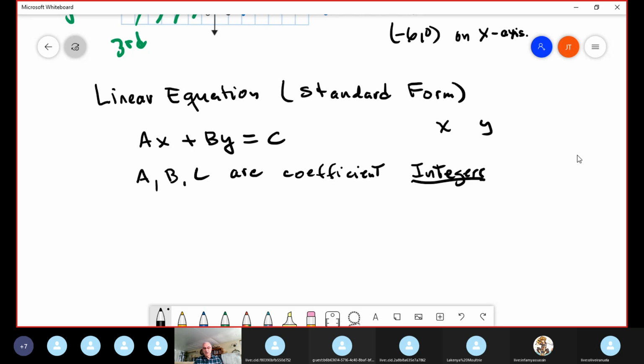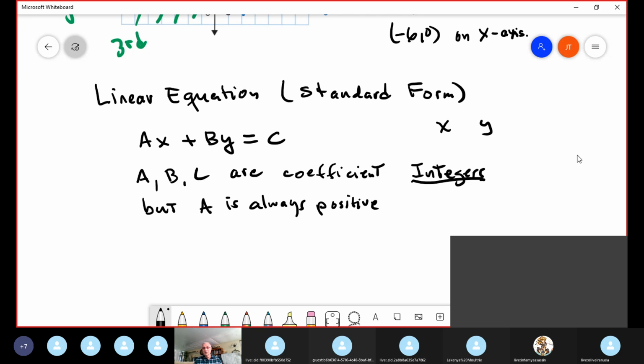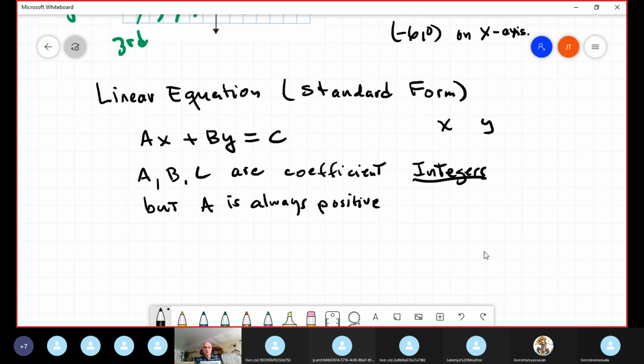Maybe positive or maybe negative. No fraction, no decimal. But one more restriction: A is always positive. Okay, this is the format for the linear equation.